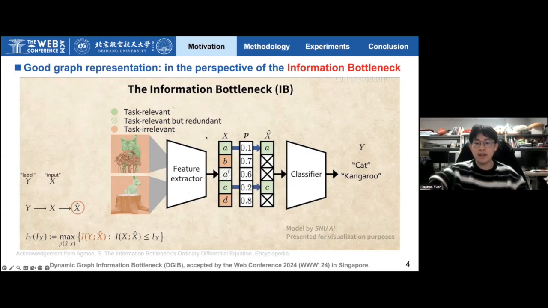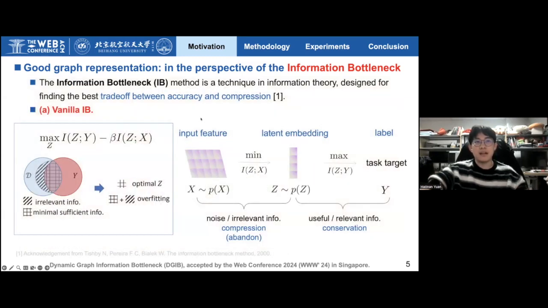The information bottleneck aims to encourage the feature extractor to abandon the redundant features and conserve the task-relevant features, and encourages the classifier to rely on the task-relevant features to make predictions. As the task-relevant features are invariant, this leads to more robust model performance. The existing IB works can be categorized into 3 typical types.